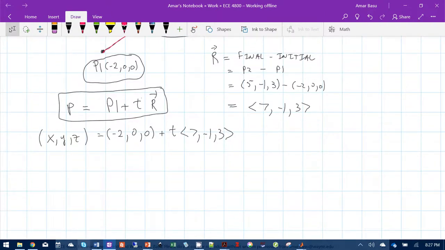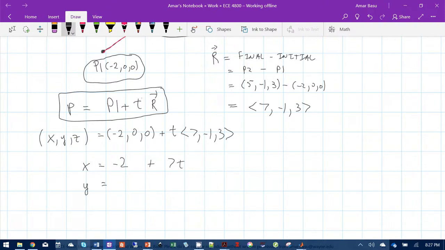What I showed you in the notes is a generalized form of this. If we want to separate this into 3 equations, we could say x is equal to -2 plus 7t. Y is equal to 0 minus t. Yeah, you got it.